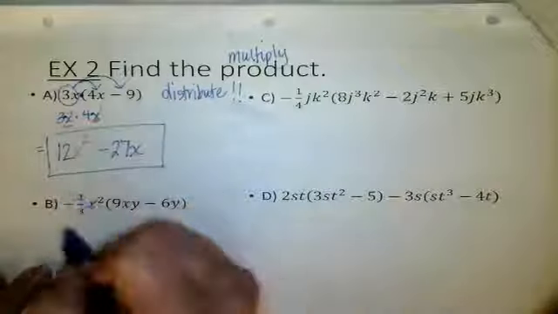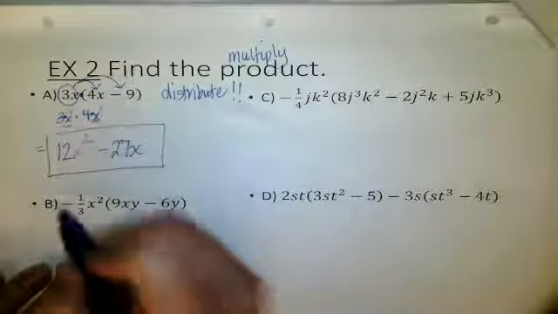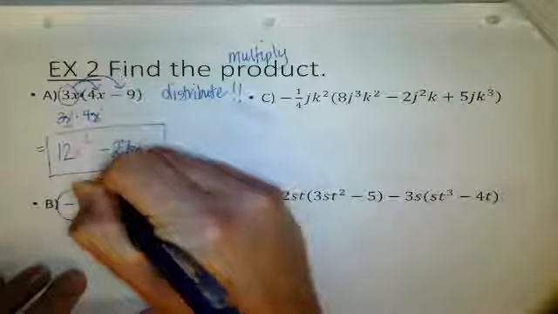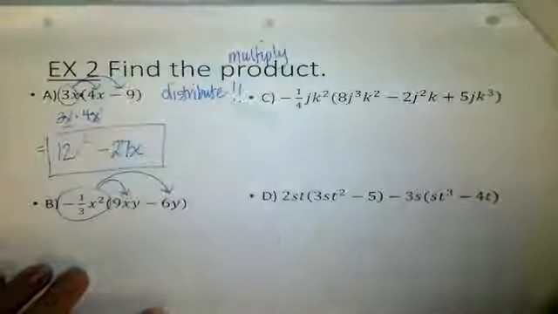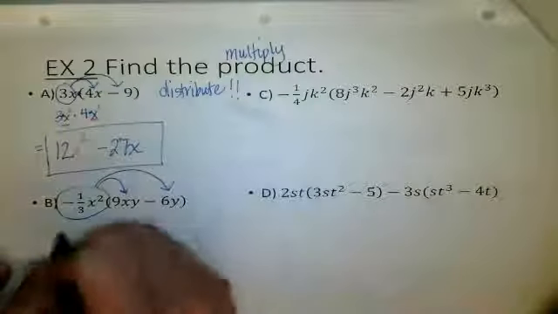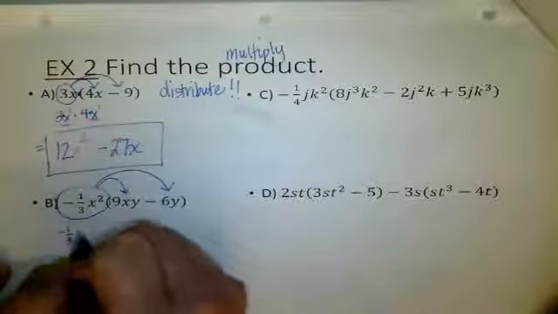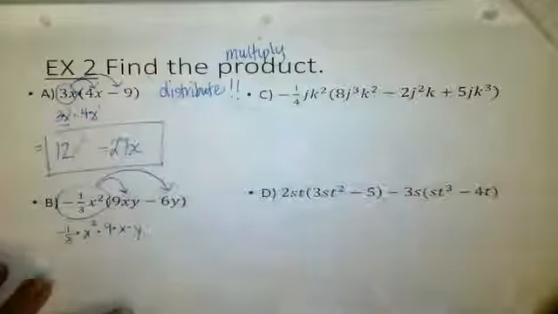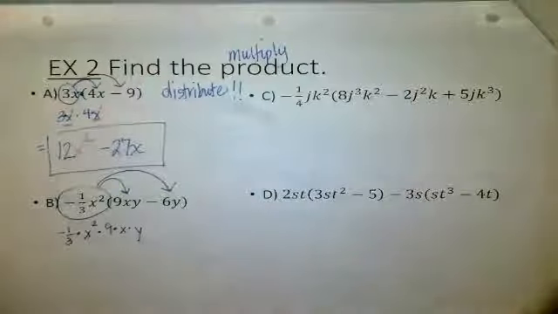Again, we are distributing negative 1/3 x squared. I need to distribute to both terms inside the parentheses. And so again, this is really negative 1/3 times x squared times 9 times x times y. It's all just being multiplied together.